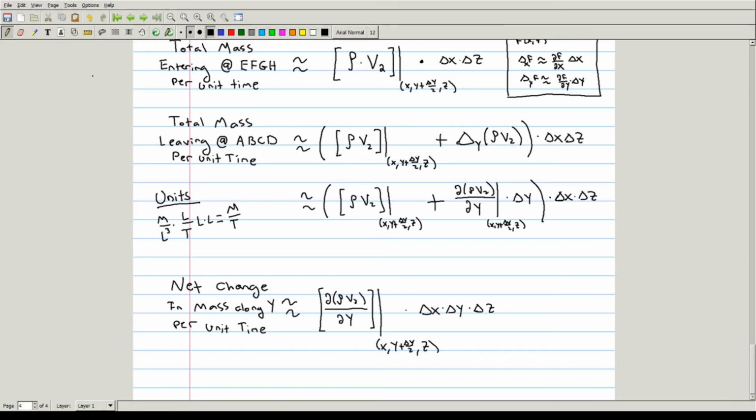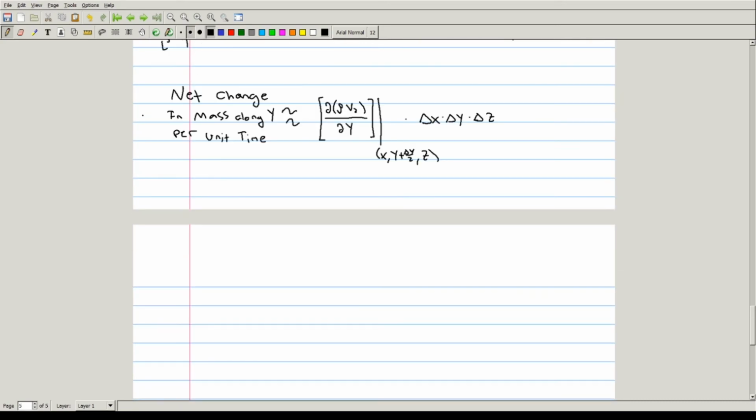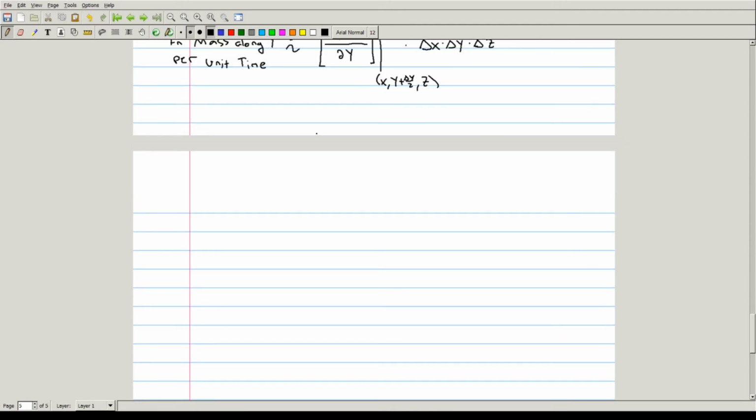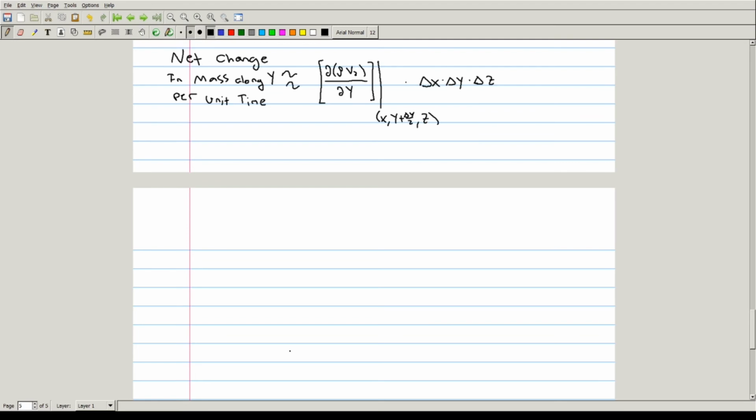And this is special for a number of different reasons. One of the big reasons here is that it's a relatively simple expression involving the partial derivative. And the other reason that it's special is that you can do the exact same thing here along x and along z, and not much is going to change except for the components.